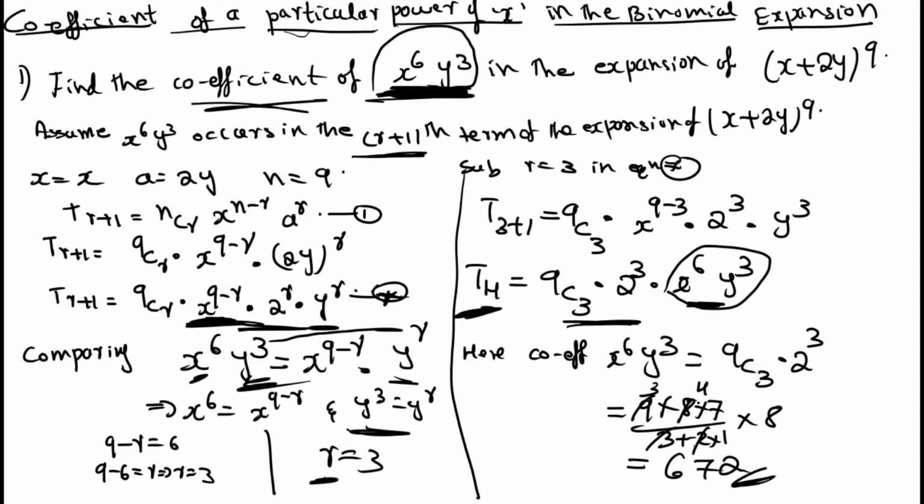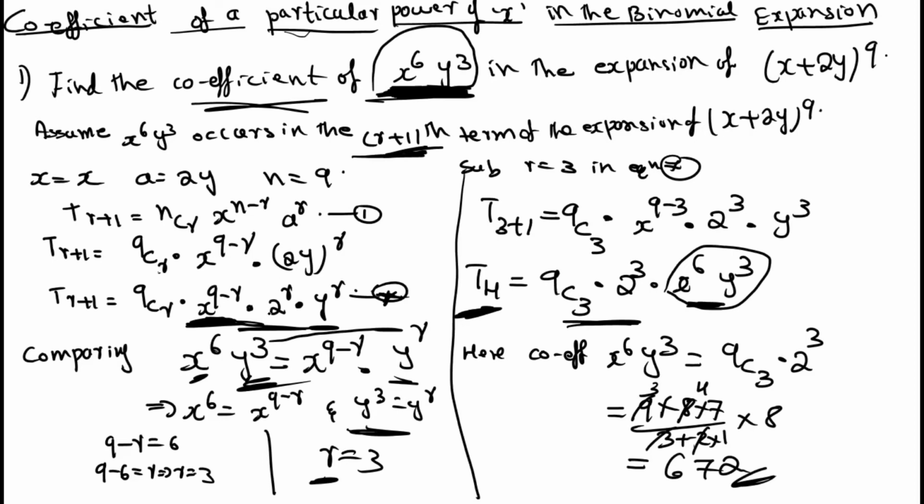Okay. Once again, see, to solve these types of questions, first you assume the given term x to the power 6 into y to the power 3 occurs in the general term. Next, write the formula of the general term. Substitute x value, a value, n value, you will get one equation.